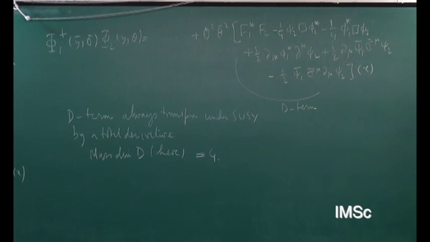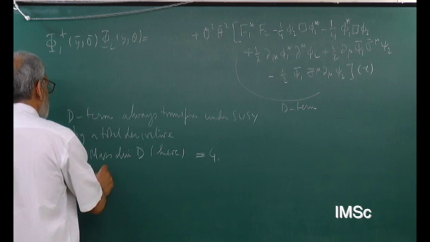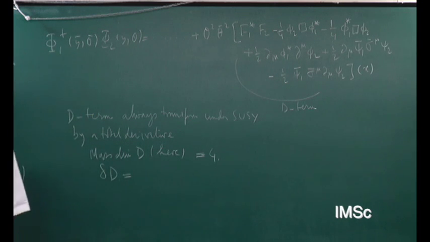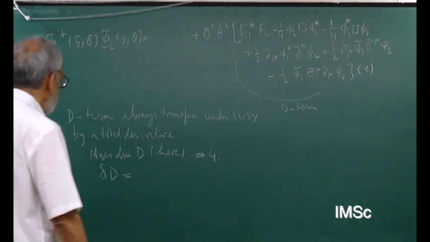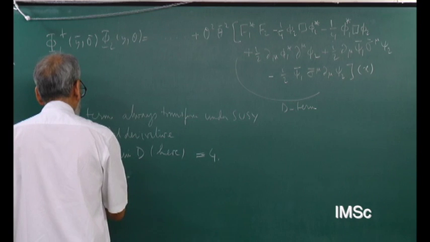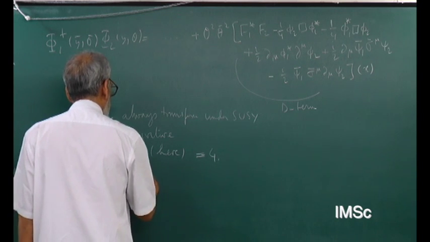Now, if I make a supersymmetric transformation of this D, what does supersymmetry do? It converts the field into a field of mass dimension half larger. So, I need something on the right hand side which is of mass dimension 4 plus half.